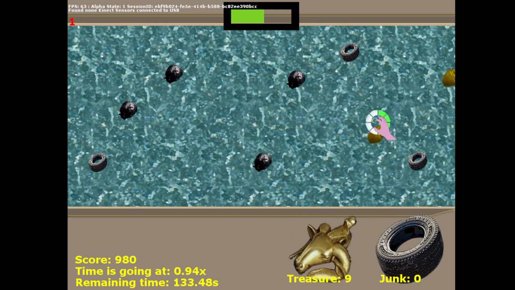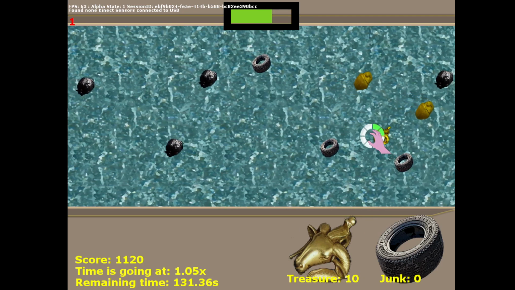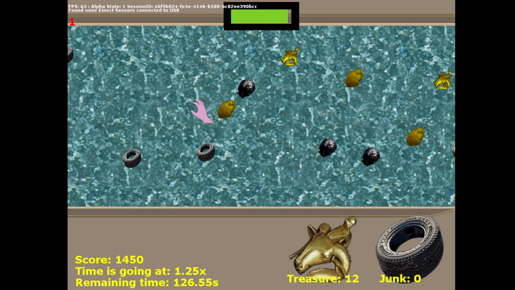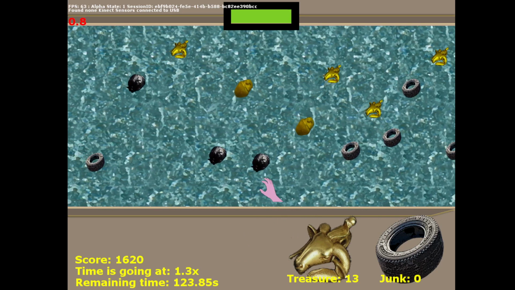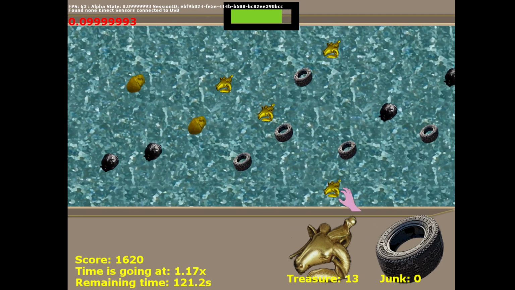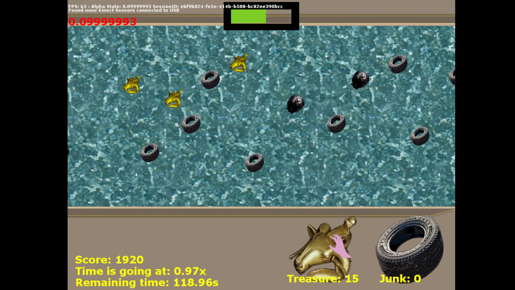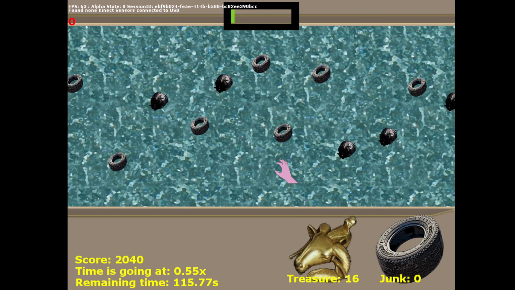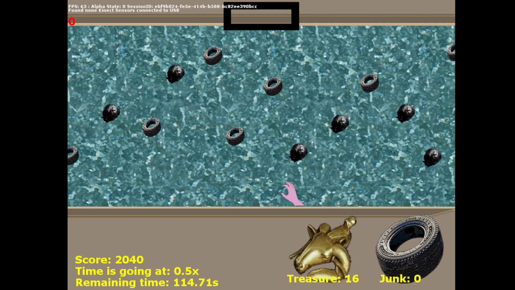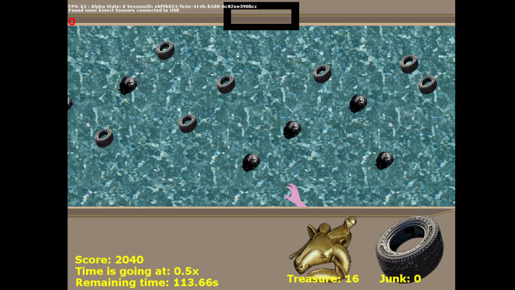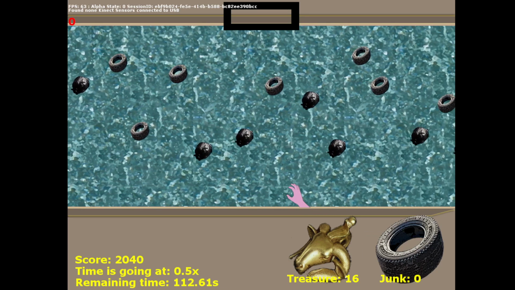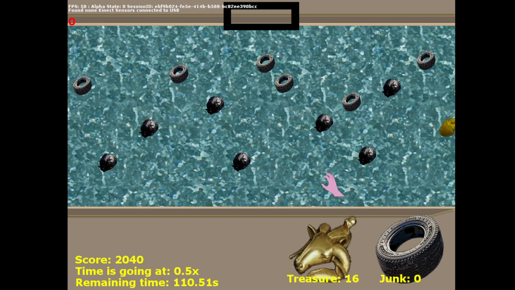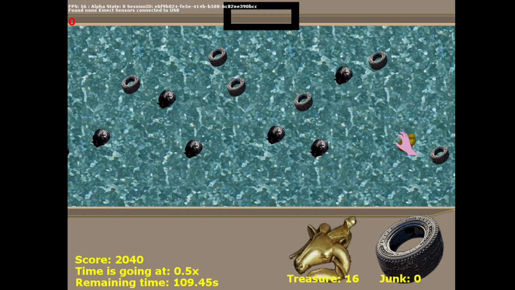You can see the bar at the top is representing the state of speed. So we've gone to a point where we're making it go too fast for us now, so we're going to miss out on some of the treasure. You can see if we keep ourselves relaxed, it goes very slowly. There's obviously a lot of junk that's spawned in that we don't actually want here.